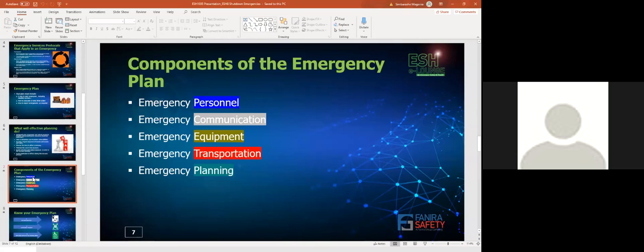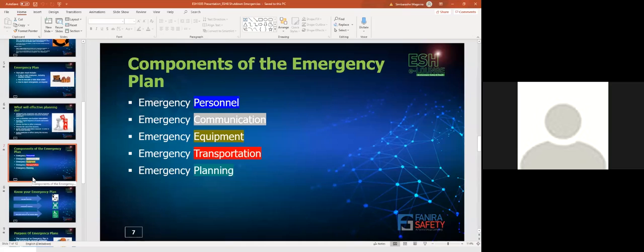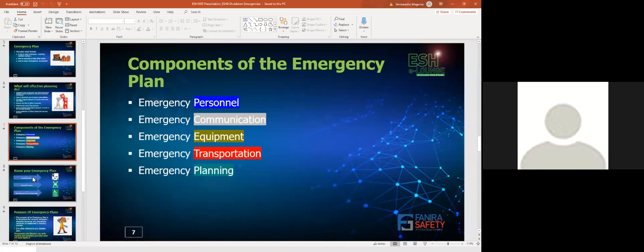And if all these things are in place, you're going to see that during shutdown emergencies we don't lose a lot, because we ensure that the components of our emergency plan are in place and effective.